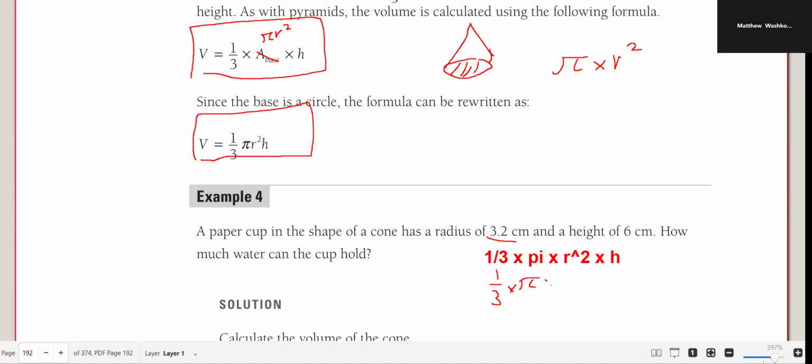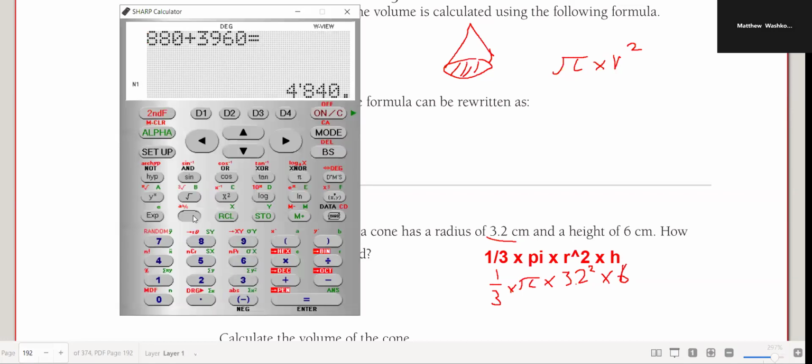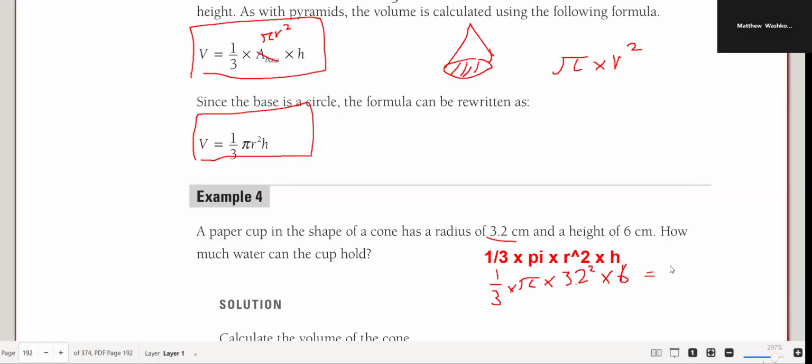So 1 over 3 times pi times 3.2 times 3.2 times 6 is going to be equal to 64.3. All right, so the answer here is 64.3 cubic centimeters. That's how much water it can hold.